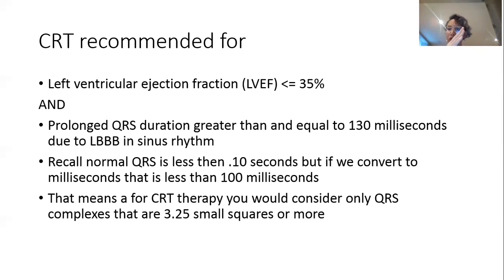The stimulus depolarizes one side of the ventricle, either left or right. Because there's a block in the opposite bundle branch, the impulse has to propagate slowly across the septum, and then eventually both ventricles depolarize. So this is a long QRS duration due to a left bundle branch block and the person's in sinus rhythm.